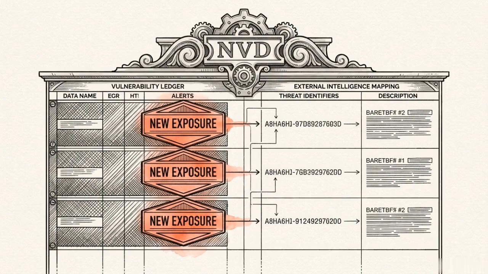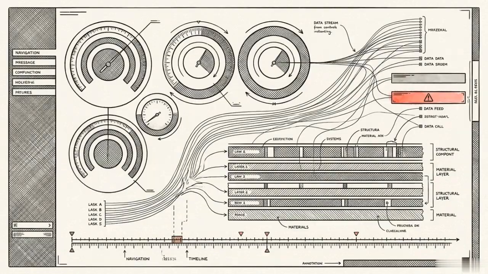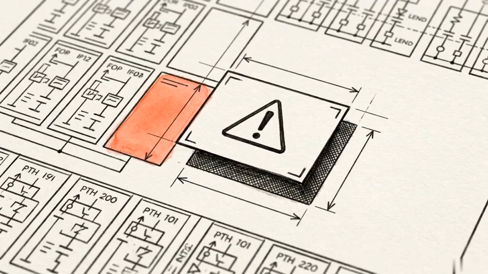The primary external source for this intelligence is the National Vulnerability Database, tracking all newly published common vulnerabilities and exposures. This is an OWASP Dependency-Track dashboard. By feeding the SBOM into continuous monitoring tools like this, the system automatically detects a match with a new high-severity CVE alert the moment it is published.